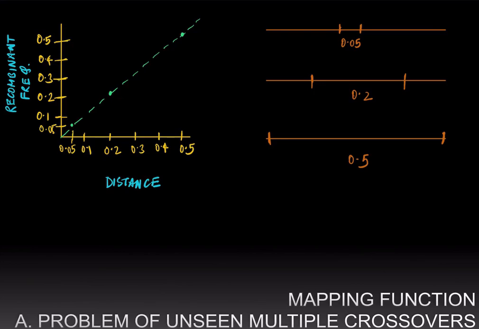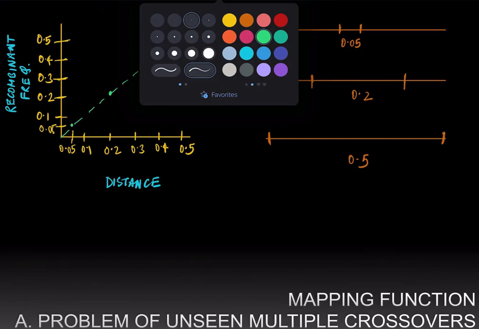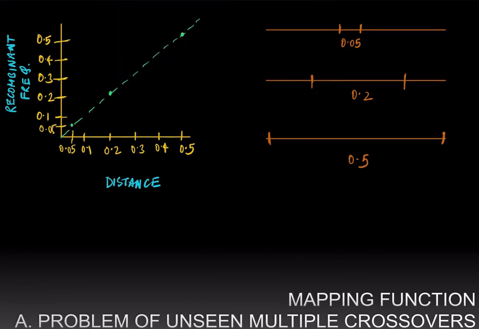In the first pair of genes, we know that the probability of crossover is 0.05, and so the percentage recombinance, the recombinant frequency that we're going to see, is also about 0.05.